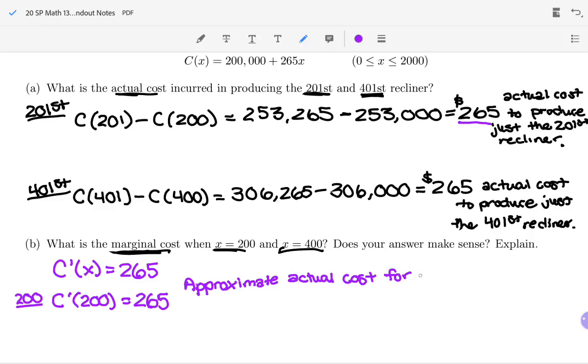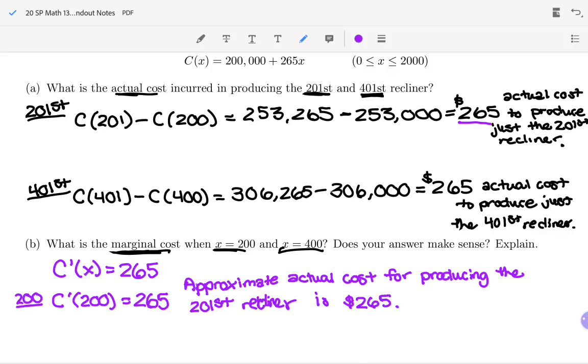Producing or selling? It'd be producing, if you're talking about cost. For producing the what number? Plugging into marginal approximates actual for the next unit. So for producing the 200 first recliner is, and our output is money, $265.